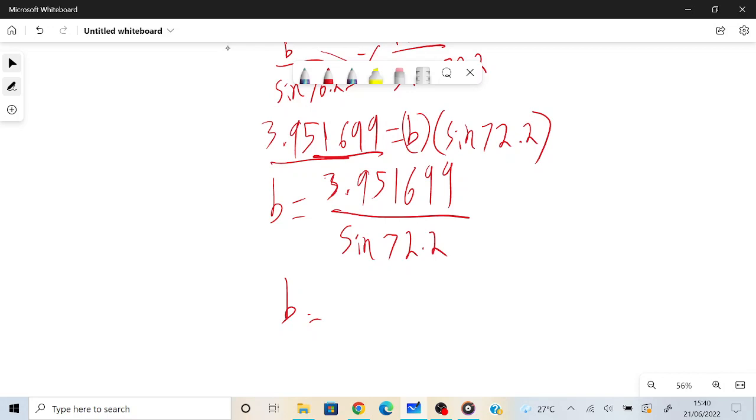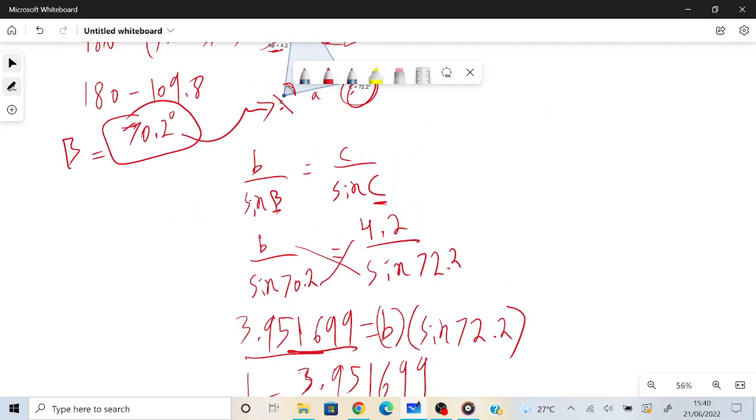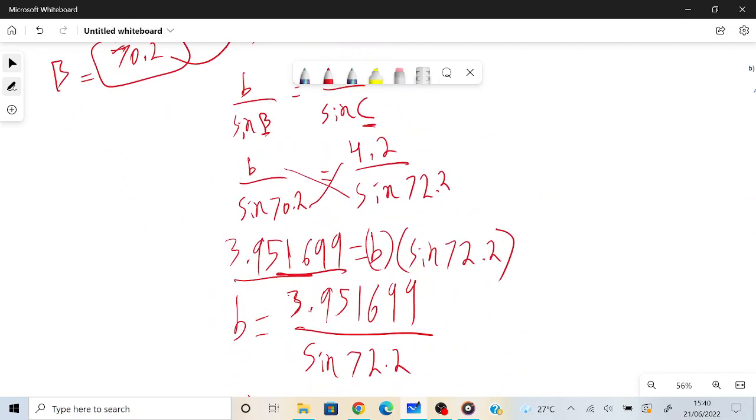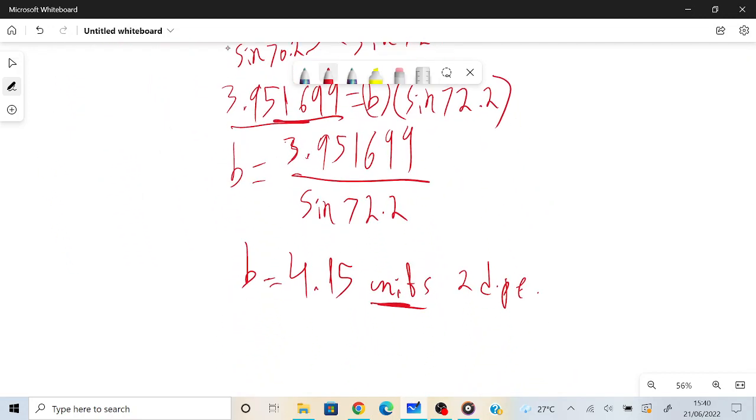That should give you 4.15 units to 2 decimal places. The units is the required measurement. I'm not sure if there was measurement in the question. There's no centimeter, there's nothing, but if there is, please make sure you put that in, as you could lose marks for that. That's the answer to that question.